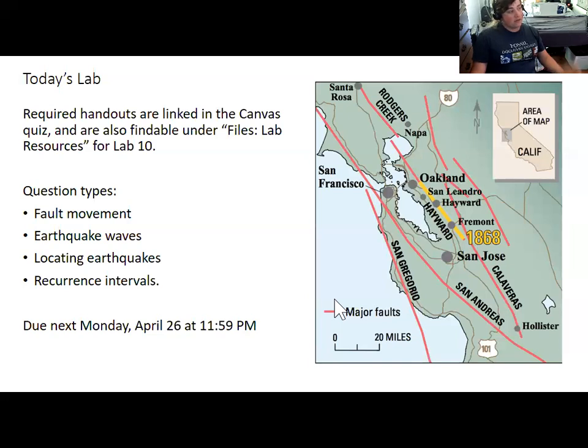We have to use 3 separate locations around the earthquake center to triangulate and figure out where it is. And then there will be a couple of questions about how often earthquakes occur, using some data that's provided in the lab to figure out when a large earthquake is likely at a given fault. And this is due next week, April 26th at 11:59 p.m.